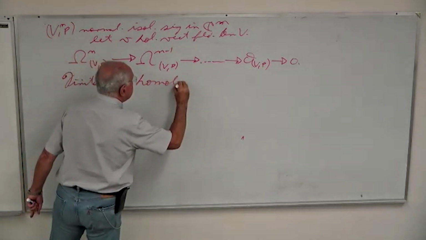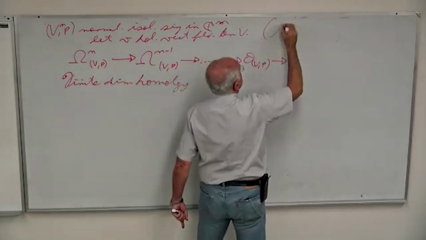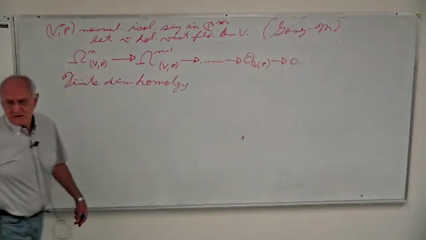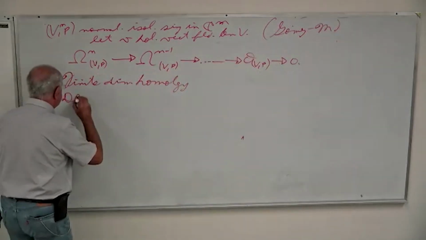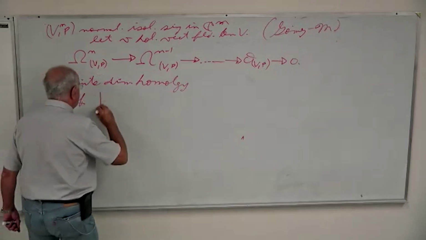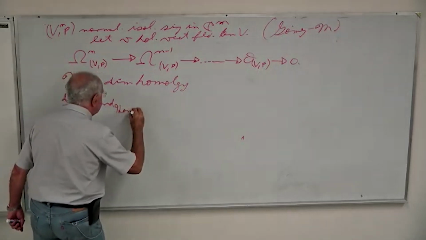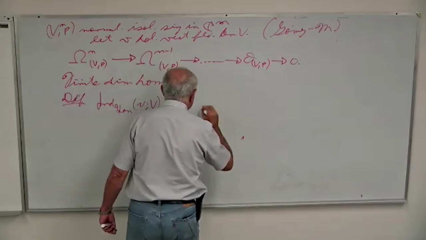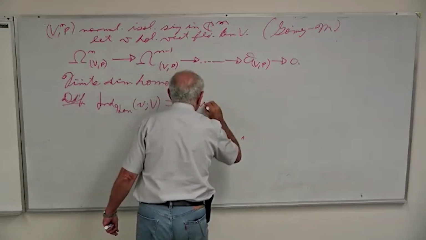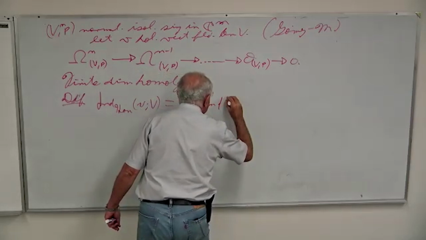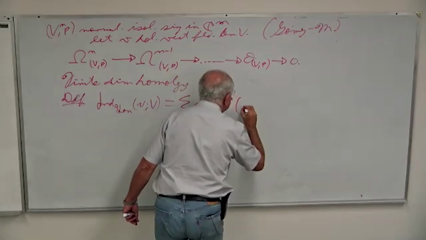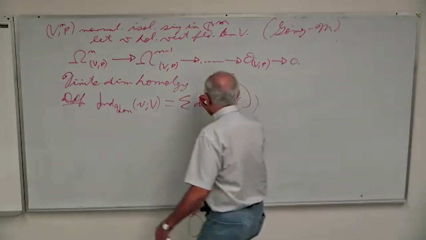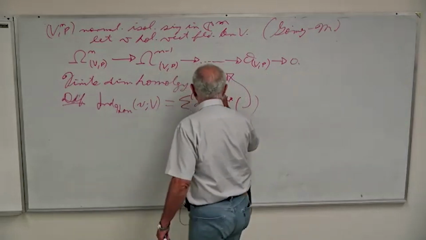But this is all Gomez-Mont. Okay, and then he defined the homological index of V on V to be the sum of the dimension of the homology groups of this complex, with a minus 1 to the i.